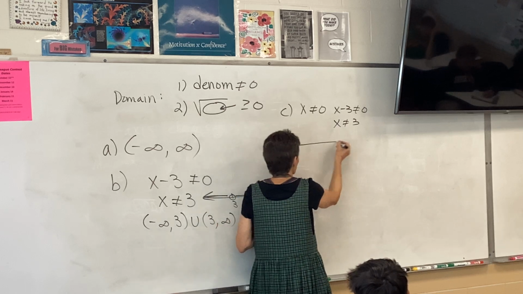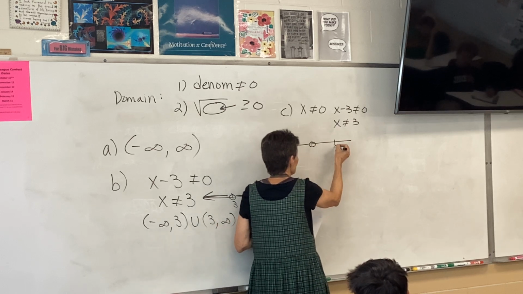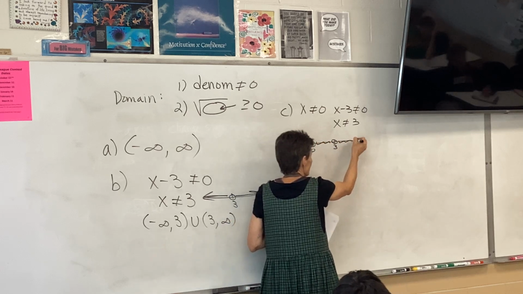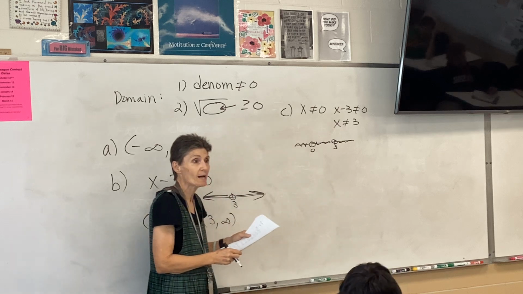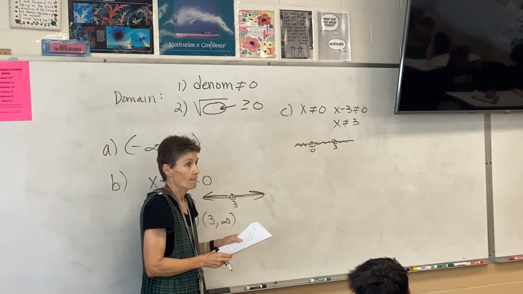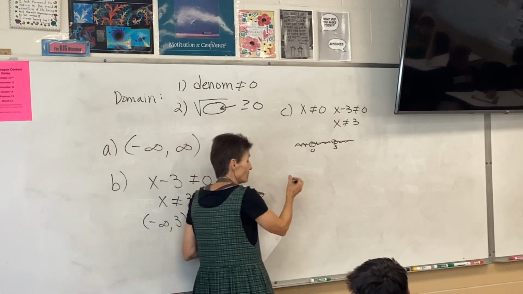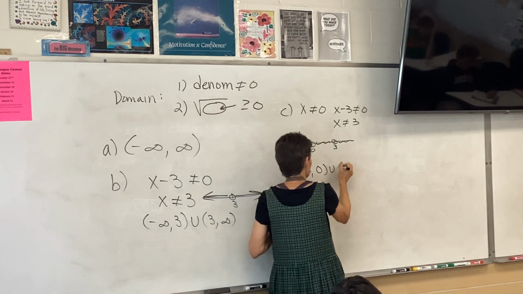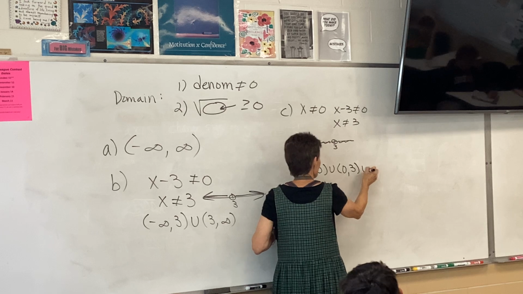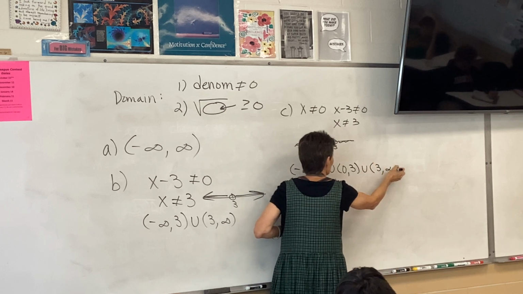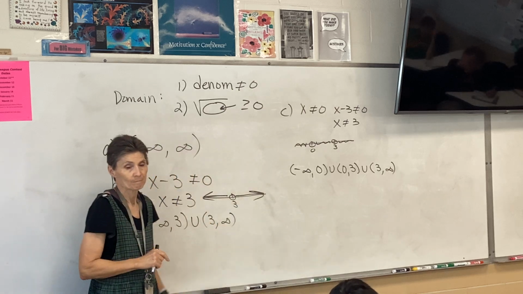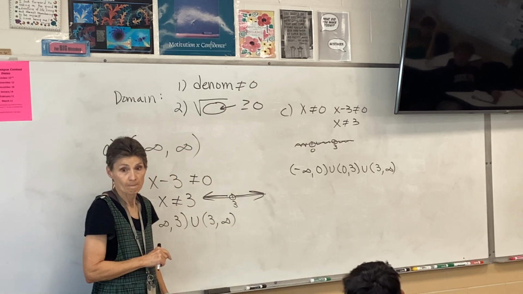Now, I always like to think about a number line because this would be my answer, right? I have those 2 open dots. So negative infinity to 0, 0 to 3, and 3 to infinity. Yes, that's a pain, but that's how we do it. Okay?